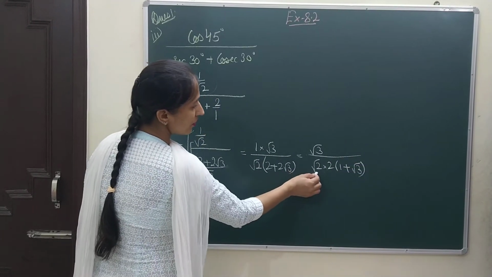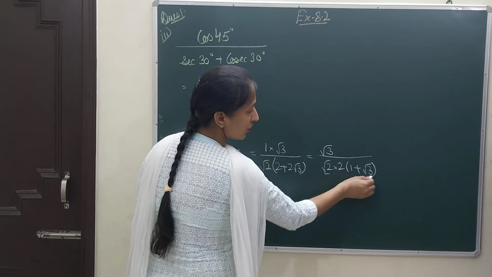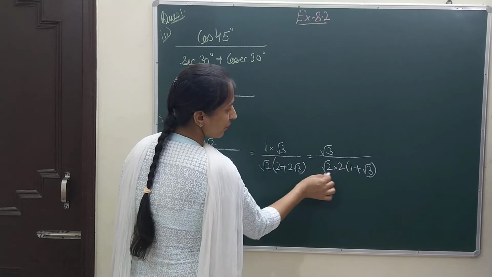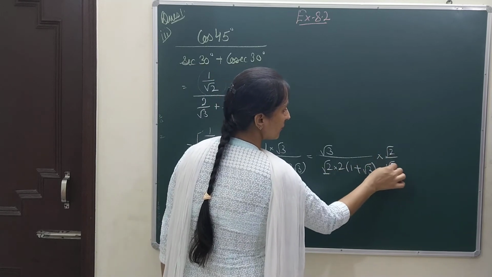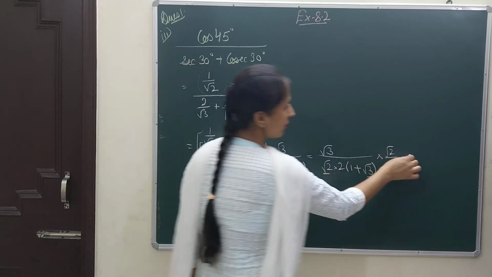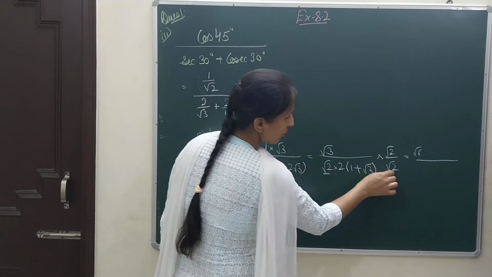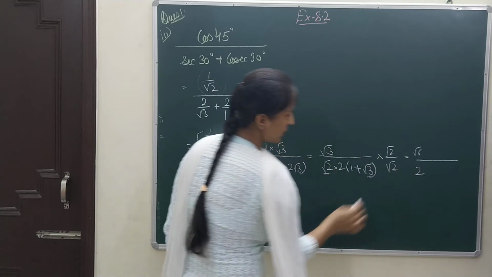Now my next work is to remove this root 2. After that I will remove the root 3 within the bracket. So for removing this, I will multiply numerator and denominator by root 2. When I multiply, what will it become? It will become root 6 over this; root 2 and root 2 will combine together and make one complete 2.